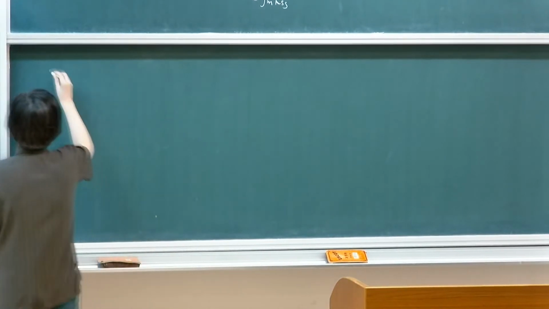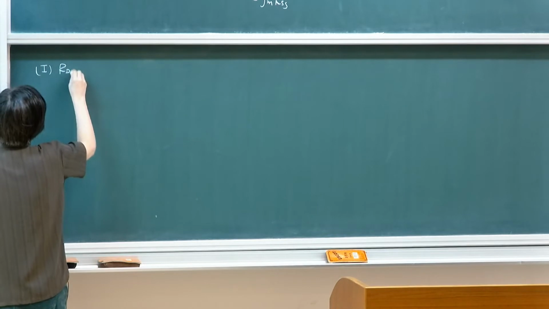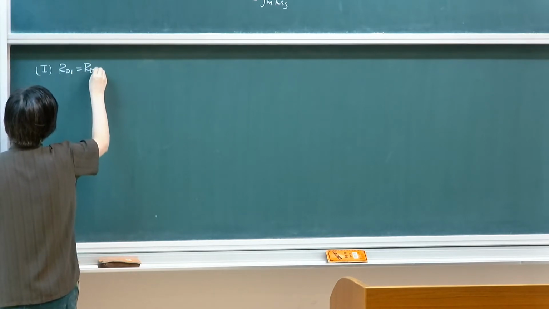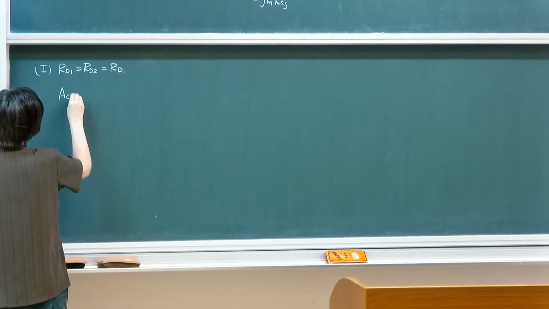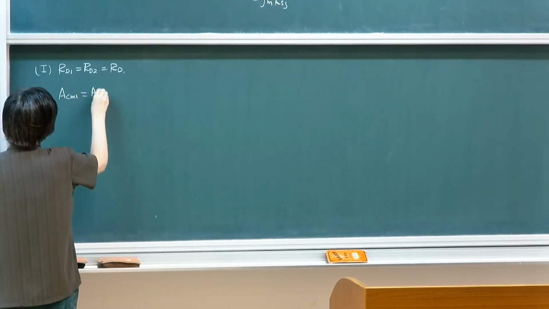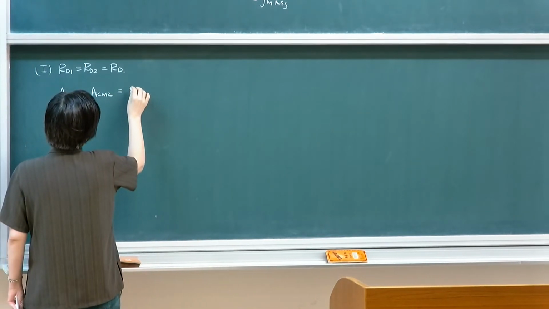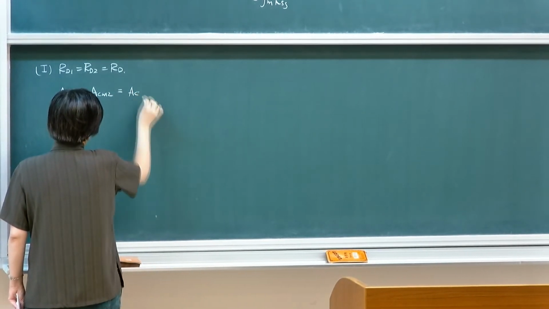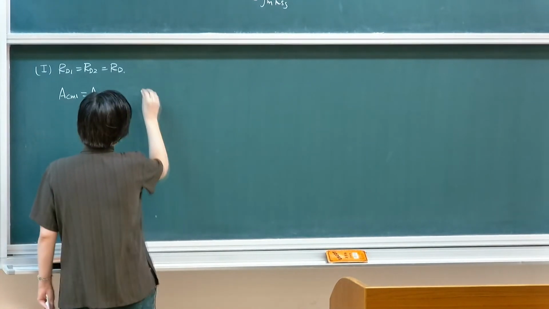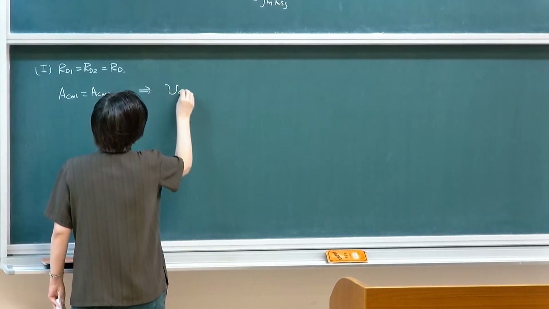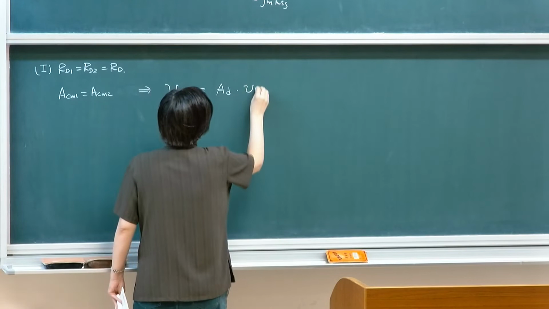So there are two conditions. One is RD1 equals RD2 equals RD, so then ACM1 equals ACM2 equals ACM. If they equal each other, your output will be AD times VID.